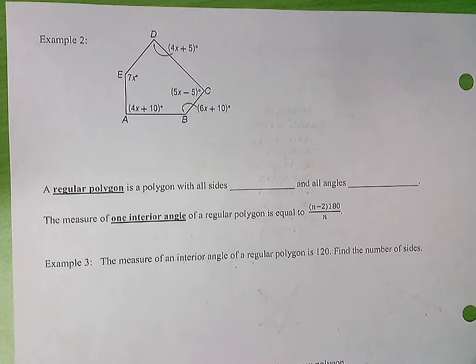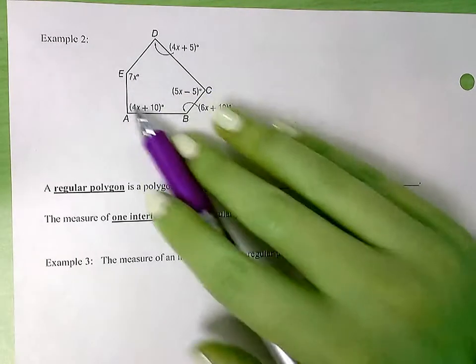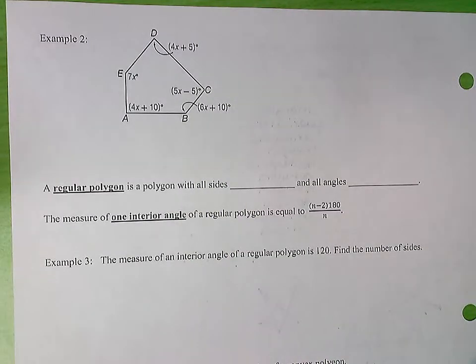So I want to look at example 2. In example 2, we want to solve for x. If we're solving for x, I need to know what all of my angles have to add to be.